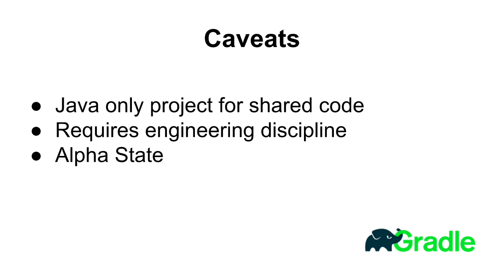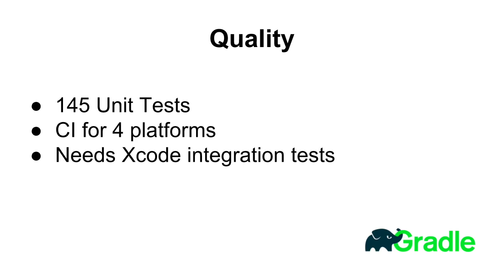Because the UI has been separated out, it both enforces greater discipline on organizing your code and generally makes it more testable as well. The plugin is also in alpha state at the moment, but I'd emphasize that the quality is actually pretty high already. Lots of unit tests, continuous build across several different platforms.